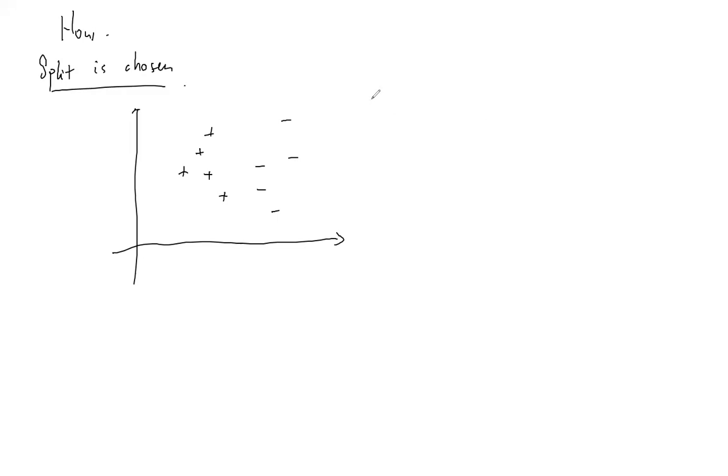Here I want to introduce a measure called Gini impurity. Basically G is equal to the sum over i of p_i times 1 minus p_i, where i is the index for the class.